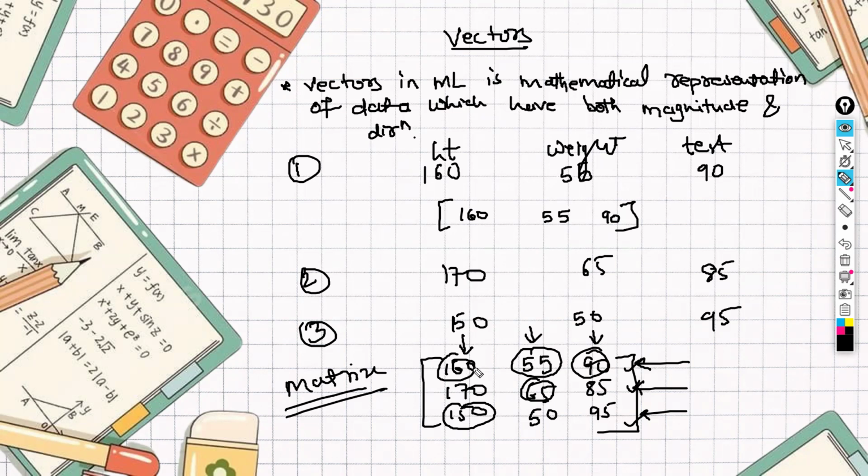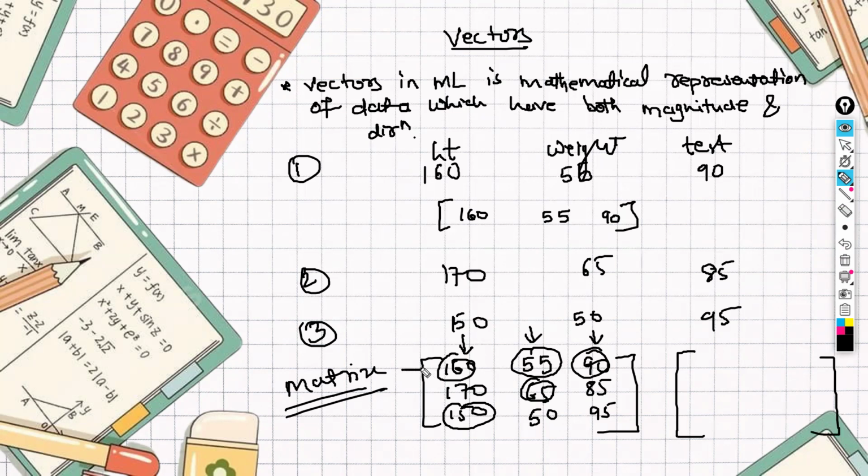So students, each of these elements or numbers in this matrix has its unique position, unique place. So if we want to locate each element of this matrix, we have given a name to each position of these elements. So here you have your first element.